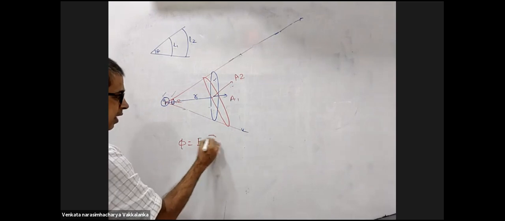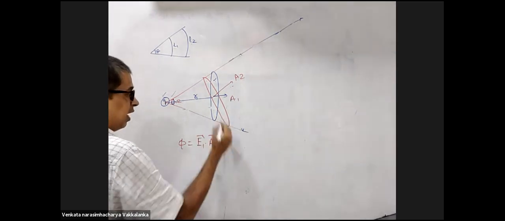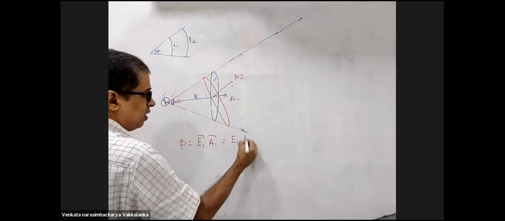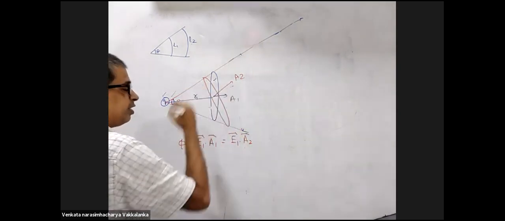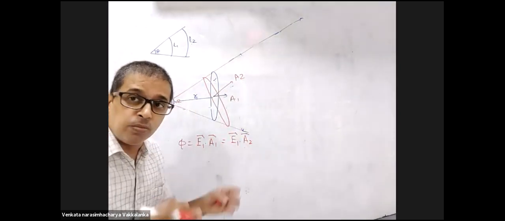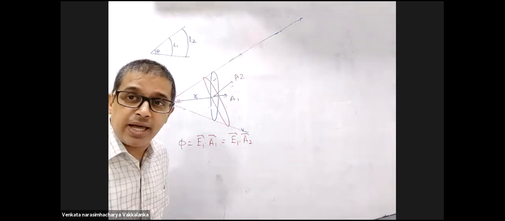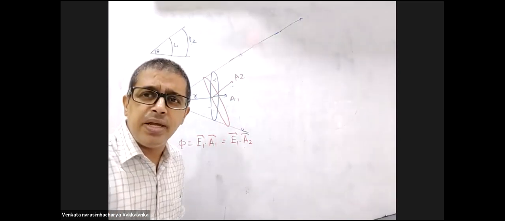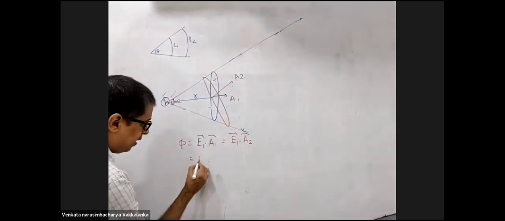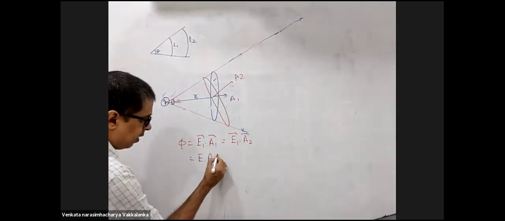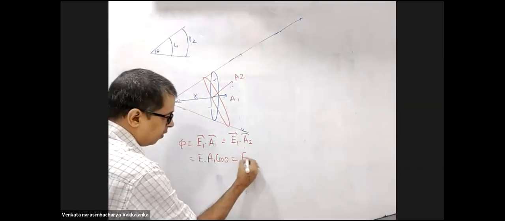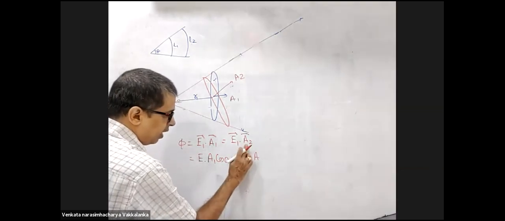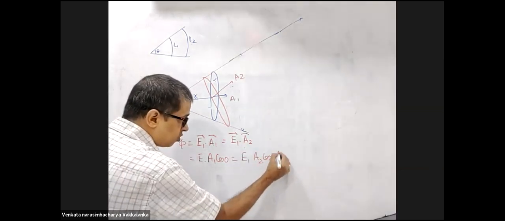E1 dot A1, you claim, will be equal to E1 dot A2 because both are subtending the same solid angle. Yes, they will be. Why? E1 A1 cos 0. This is E1 A2 cos theta.